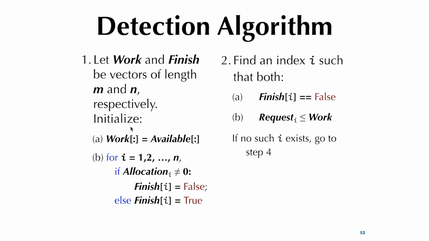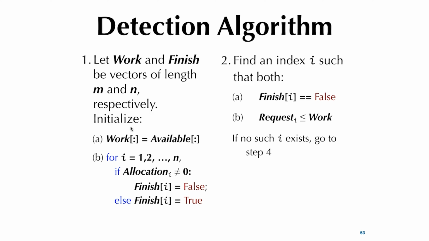Now you enter the loop, so remember step 2 and 3 are in a loop, right? And step 2 itself has a nested loop to find an index i such that it hasn't finished, but its request can be fulfilled, right? Because it's requesting no more than what's available. Work is a copy of what's available, right?